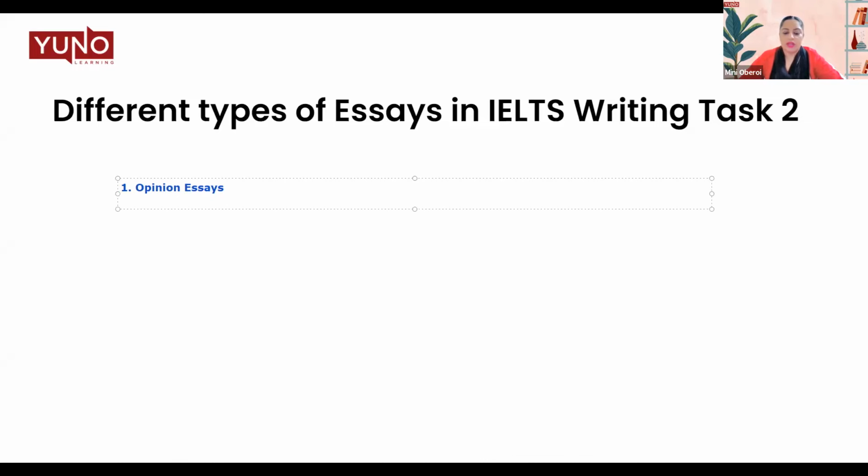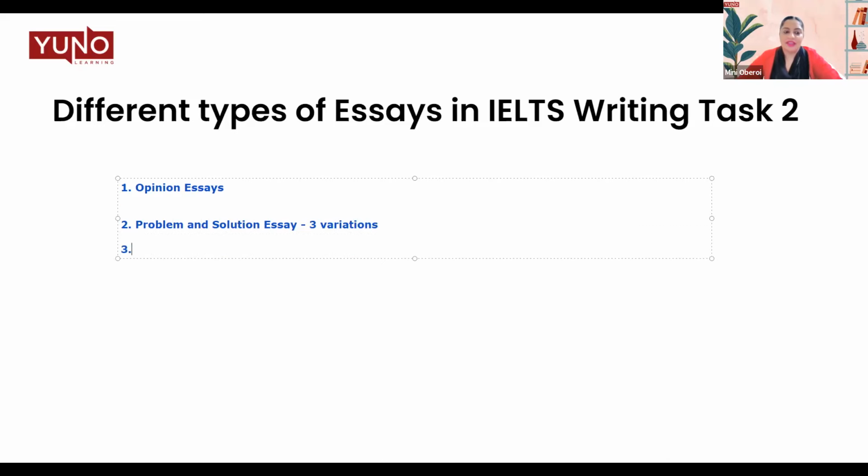Then the second one is a problem and solution essay. When it comes to a problem and solution essay, we can expect 3 variations in it. Yes, we have 3 variations.